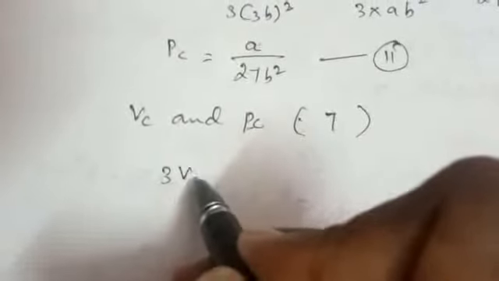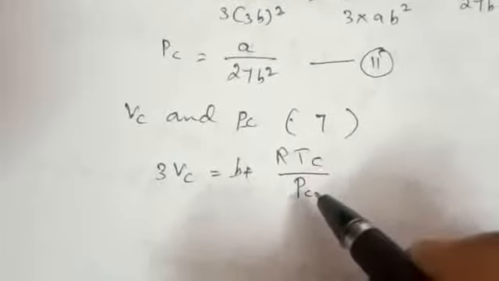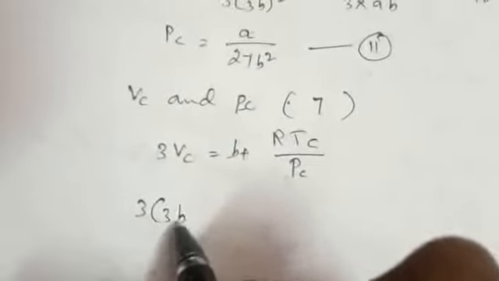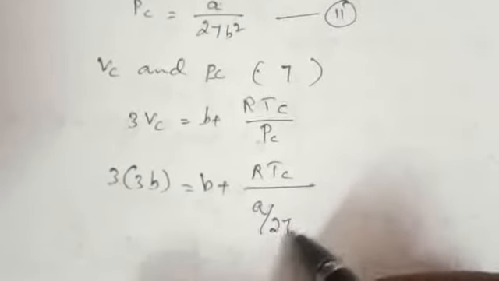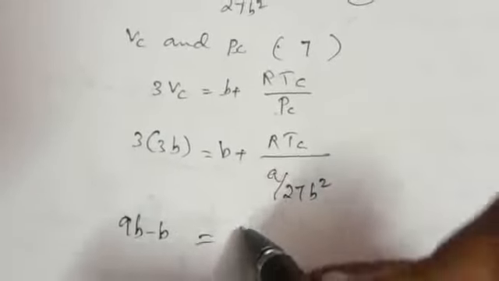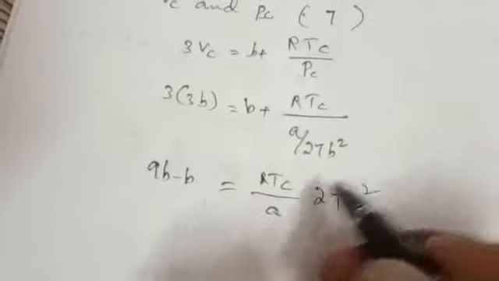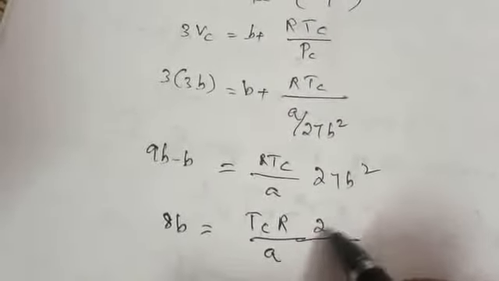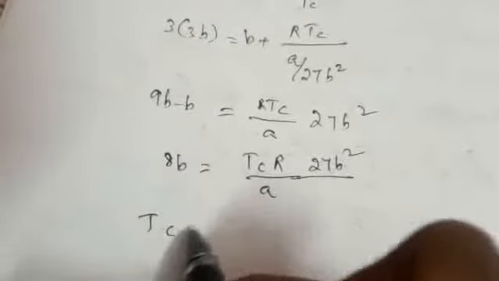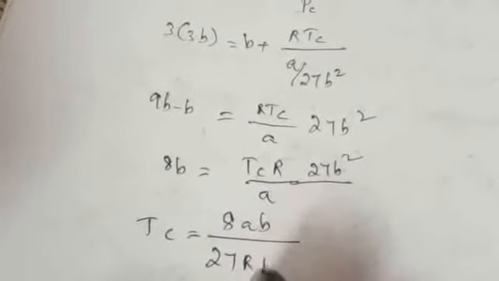Equation 7, 3Vc equal to B plus RTc divided by Pc. 3Vc value, 3B equal to B plus RTc into 27B squared divided by A. So 9B minus B equal to RTc into 27B squared divided by A. So 8B equal to TcR into 27B squared divided by A. So Tc equal to 8AB divided by 27 RB squared.